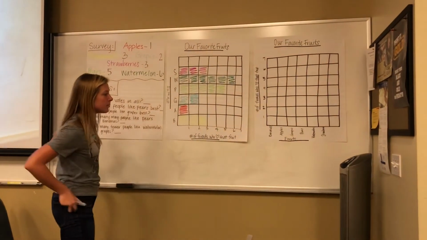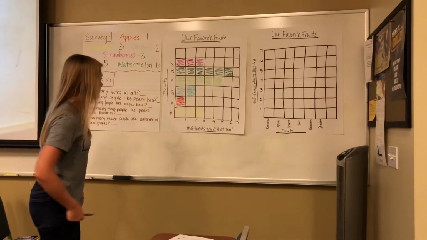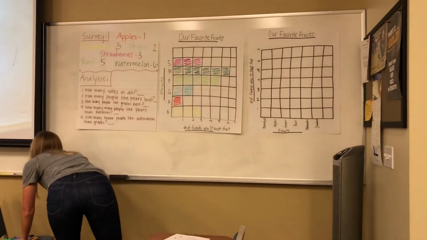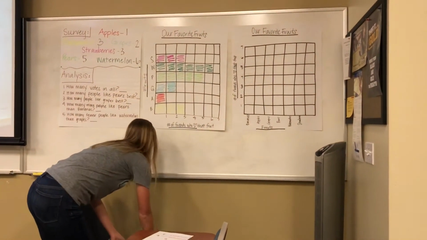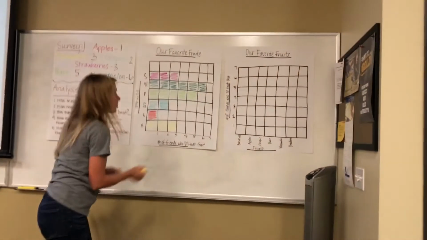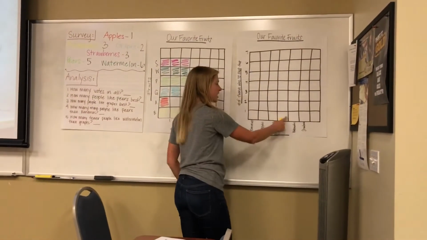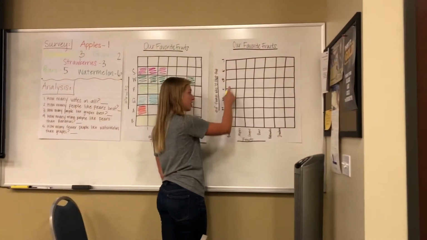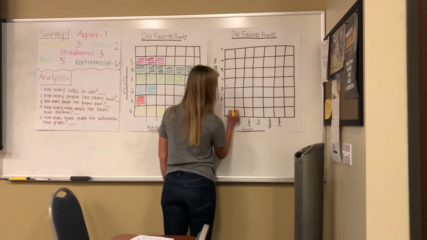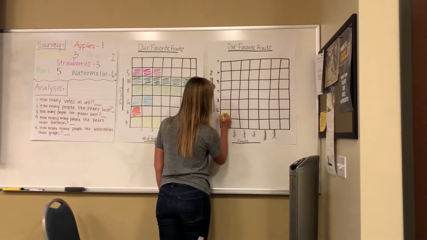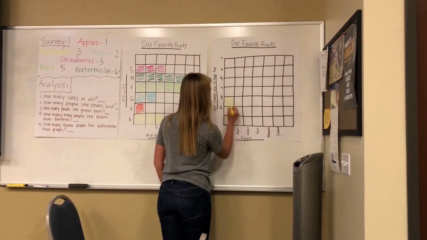Okay, so let's see, bananas is first. How many friends love bananas? 1, 2, 3. 3, that's exactly right. So we're not going to color this way now. We're going to color up. Up, yeah. So 1, 2, 3, very good.